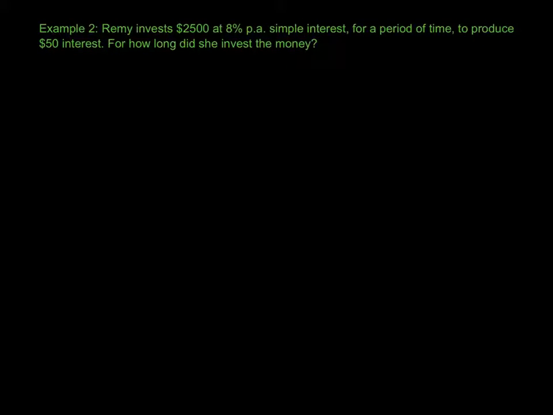Okay, the next example. Remy invests $2,500 at 8% per annum simple interest for a period of time to produce $50 interest. For how long did she invest the money? So now we're going to put in our information again. It's going to be a little bit different this one because we don't actually know how long the period is for.